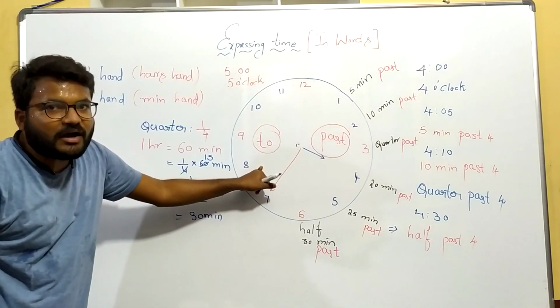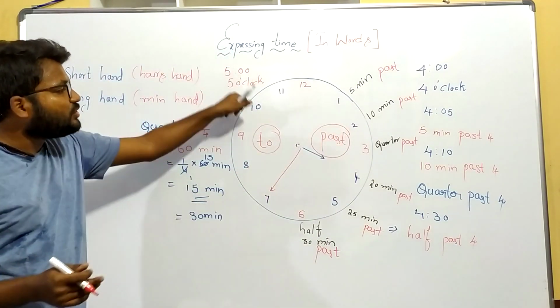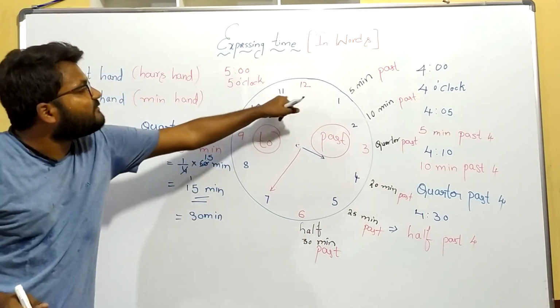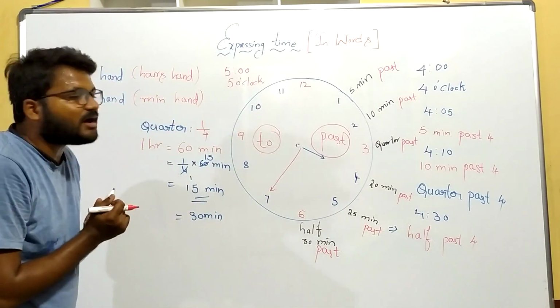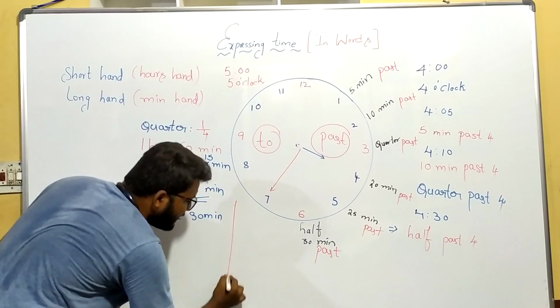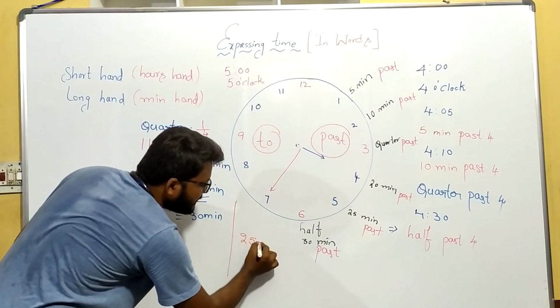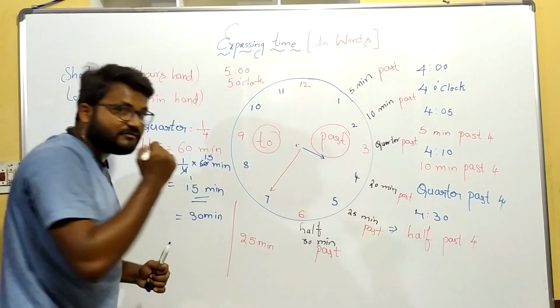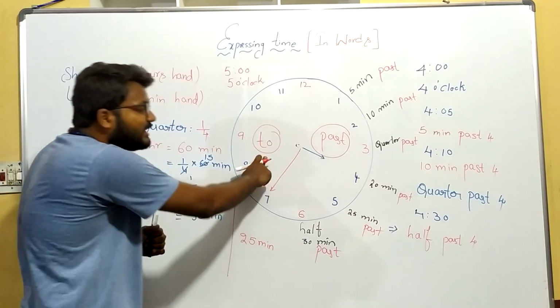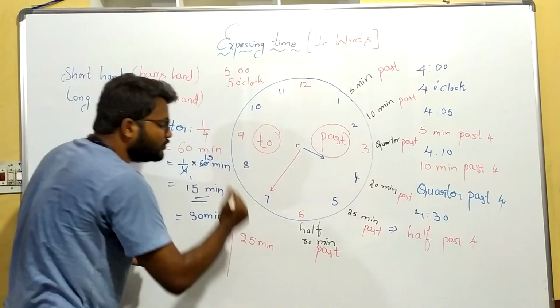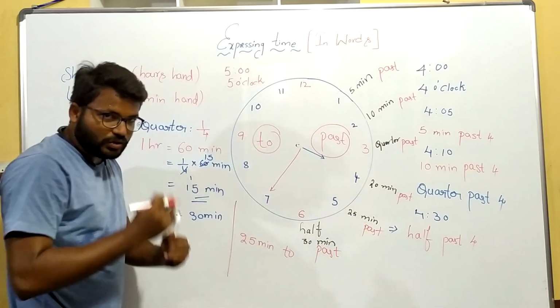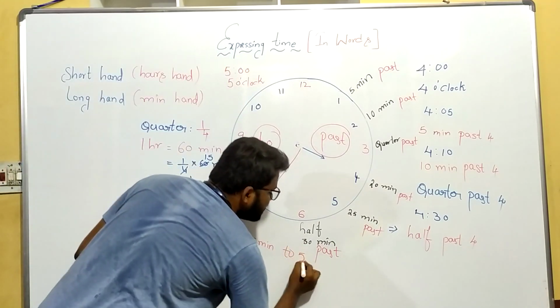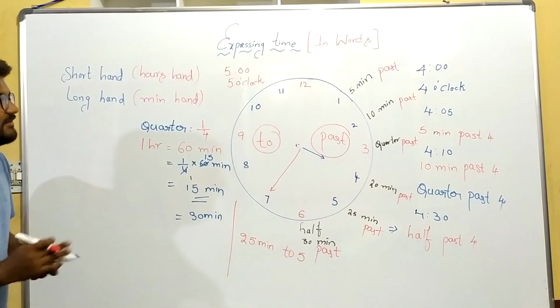In the next rotation we mention 'to'. So to come to 5 o'clock, how many minutes are required now? 25 minutes. Very good. 25 minutes to 5.